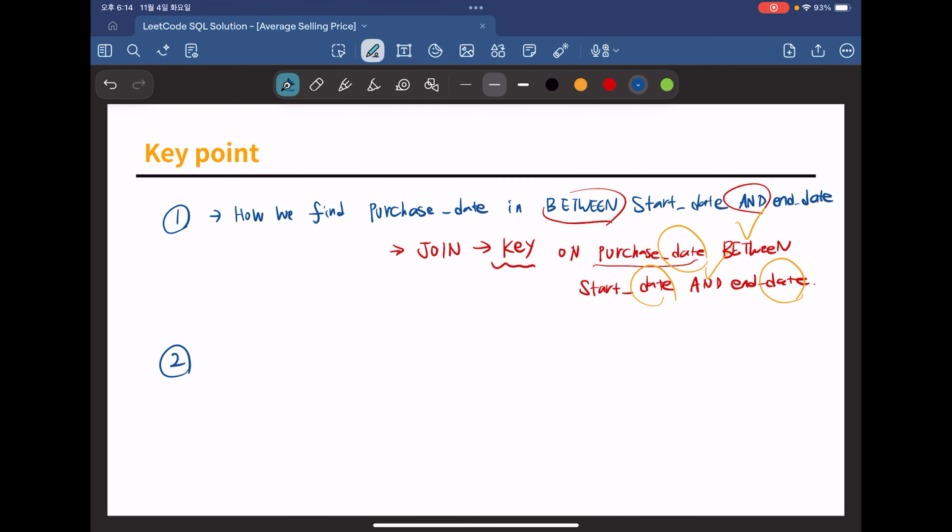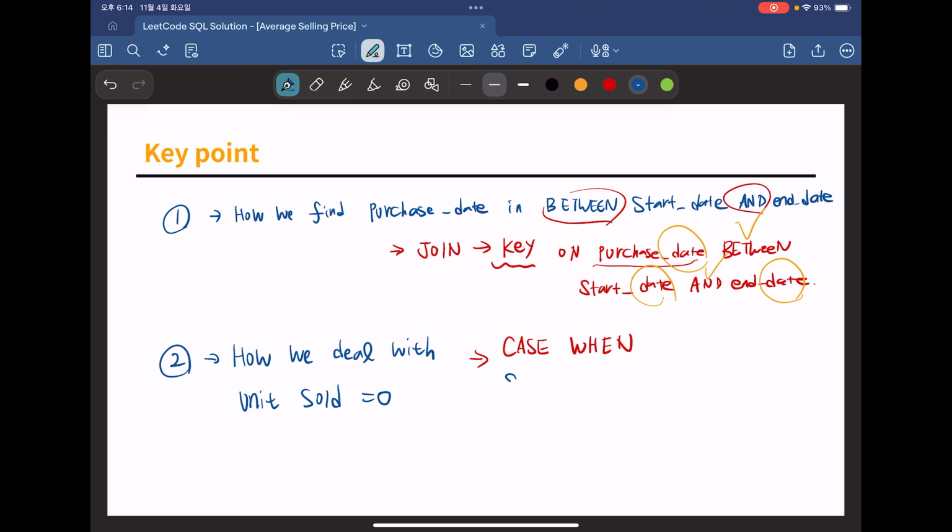And the second difficult thing was how we calculate the average prices, and how we deal with the case where the units sold is 0. The approach was we use case when.